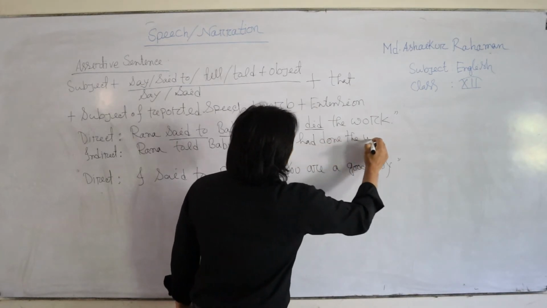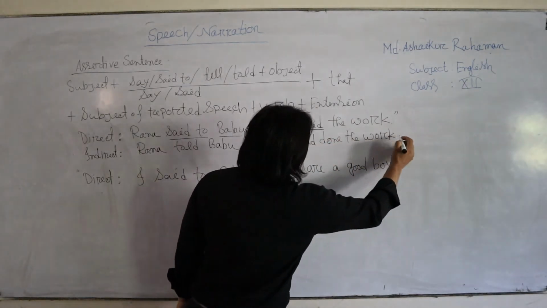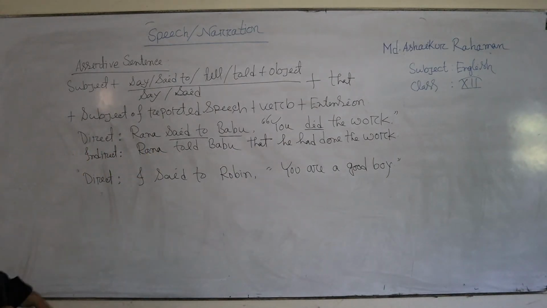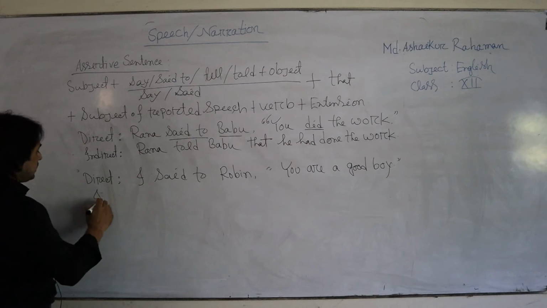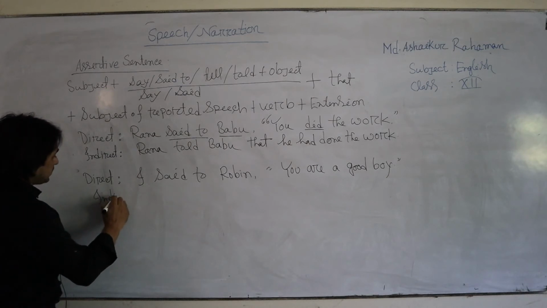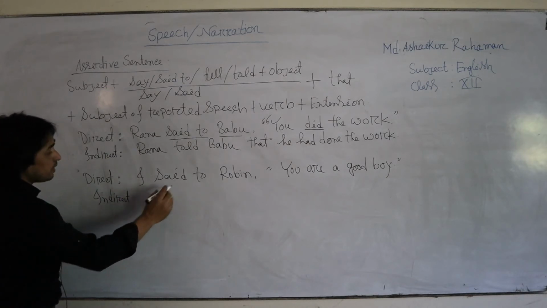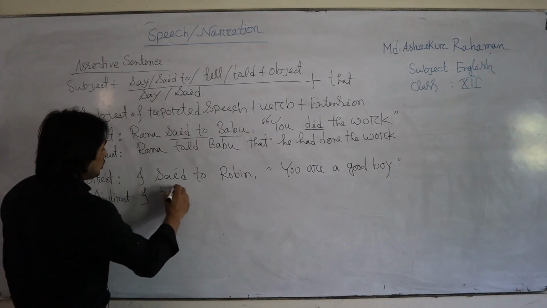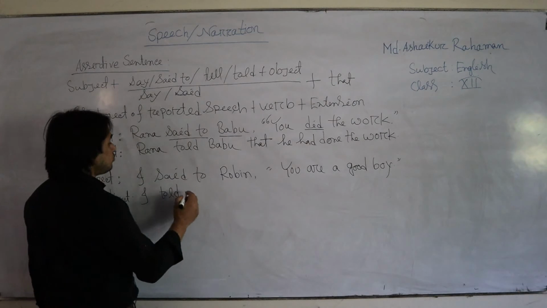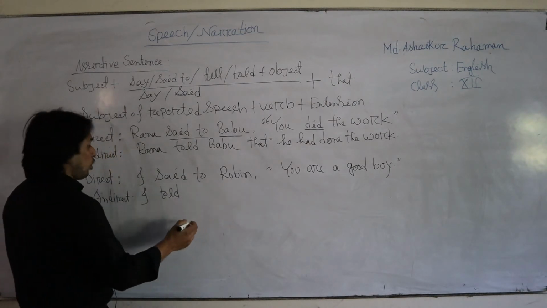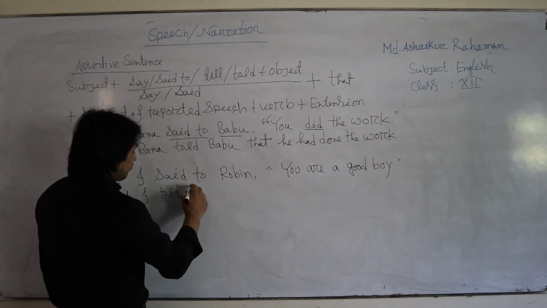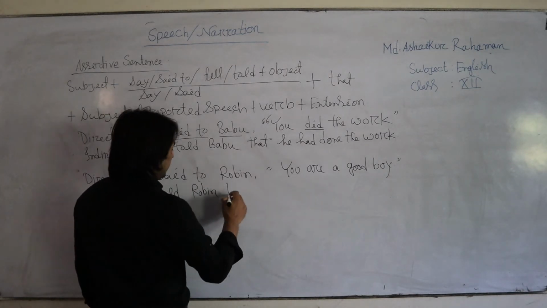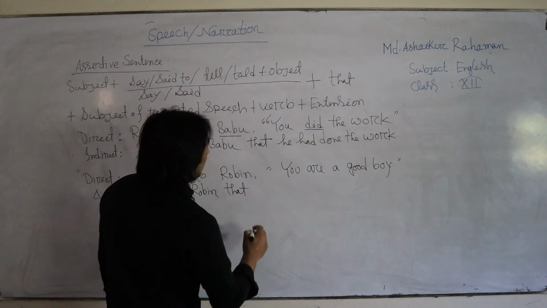Had done the work. So I think now we can understand how we can change. Okay, now the second one, we will turn it indirect. I said to Robin, I told Robin. Then we have to use that.